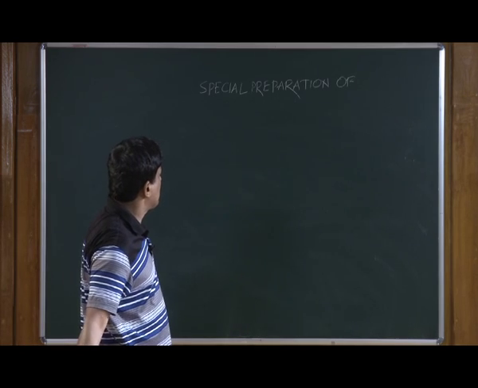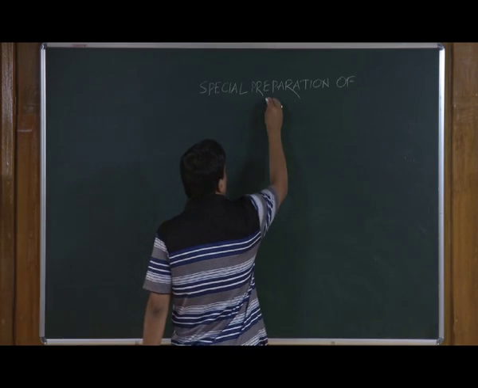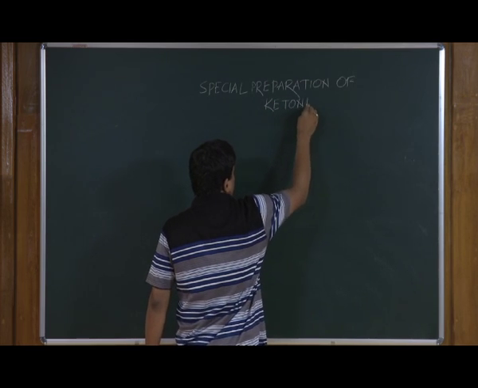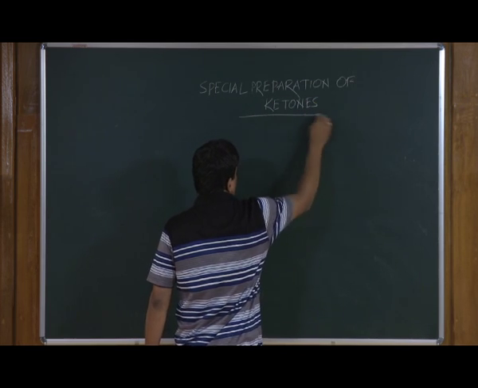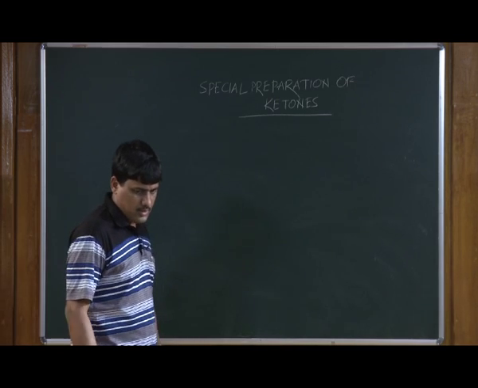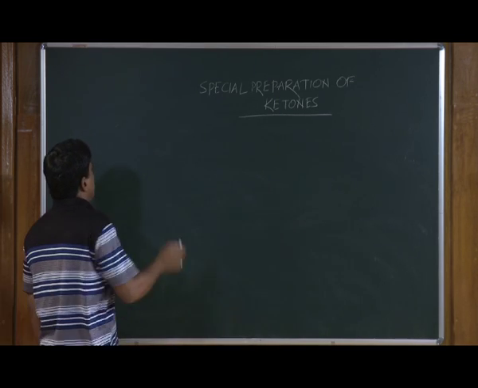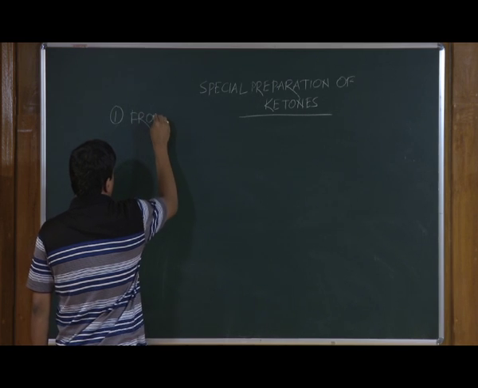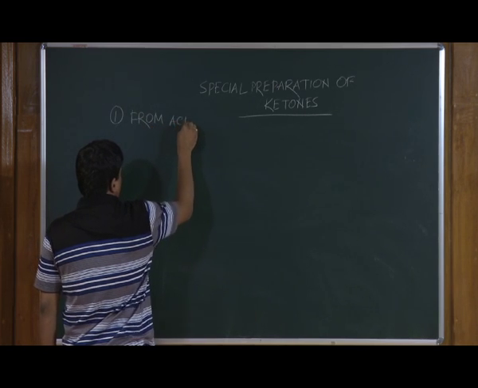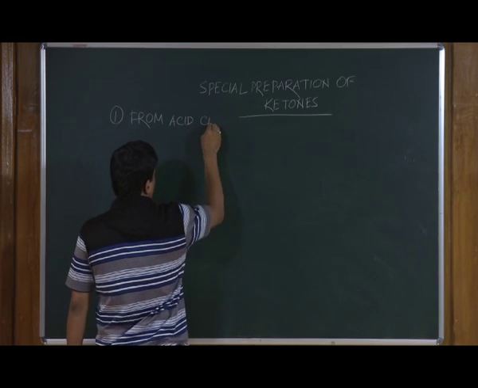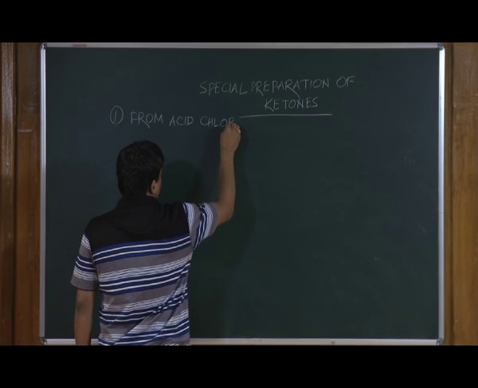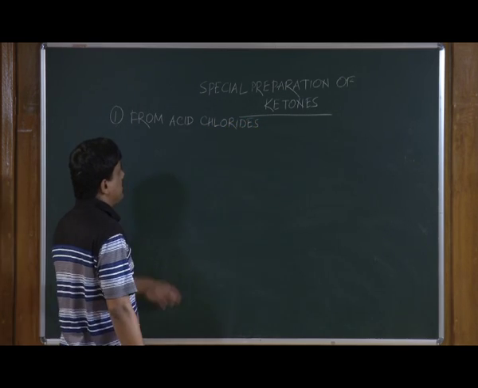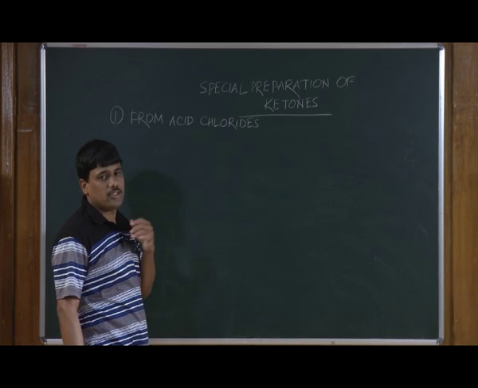So, we will discuss special preparation of ketones. First one from nitriles or from acid chloride, sorry, first one from acid chloride. Earlier we have seen that acid chloride can be used for the synthesis of aldehydes.